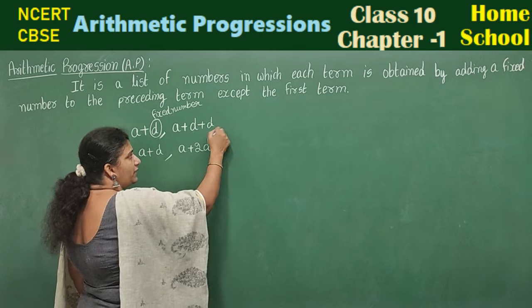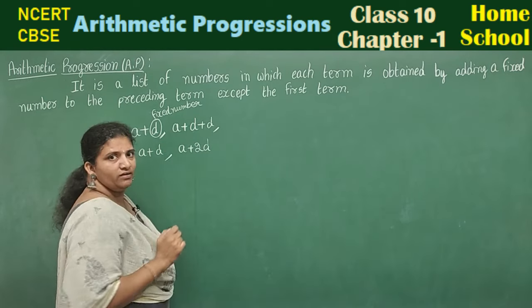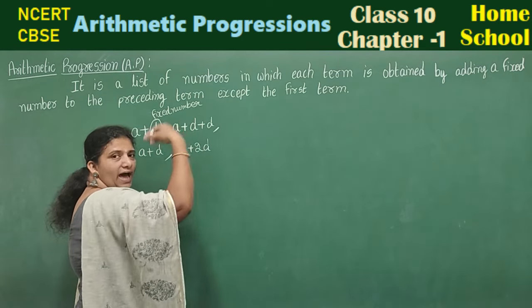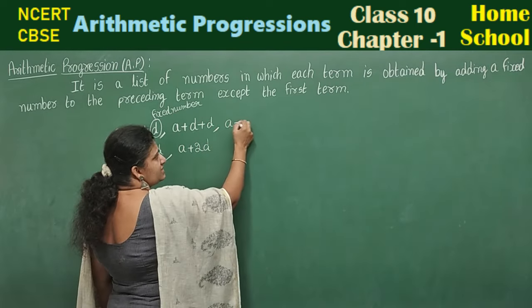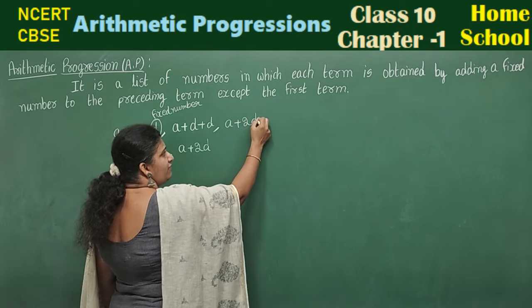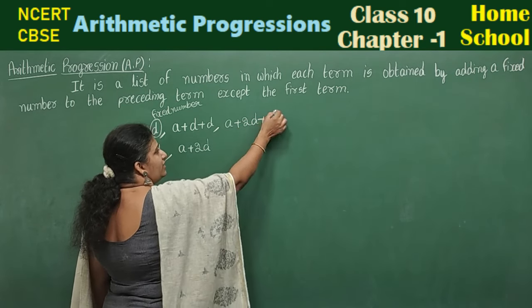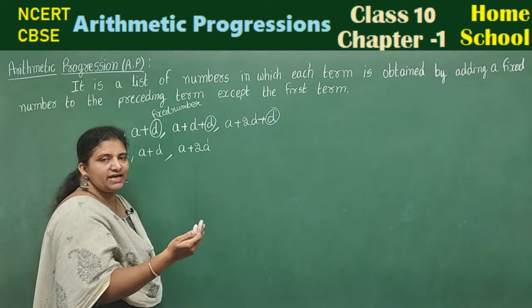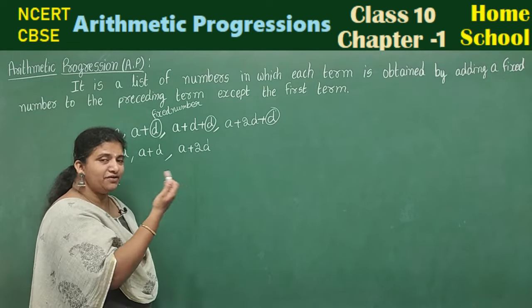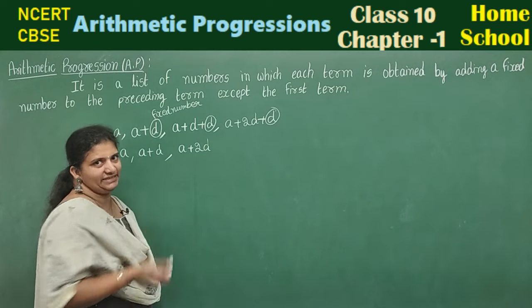And in order to obtain the next term, for this, you add the fixed number. What is this term? a plus 2d, no? Again for this, add one more d. This is a fixed number. Each term is obtained by adding a fixed number to the preceding term.